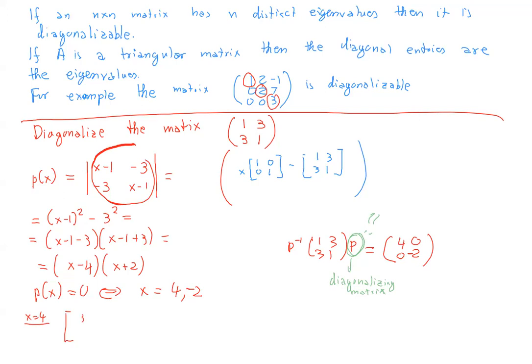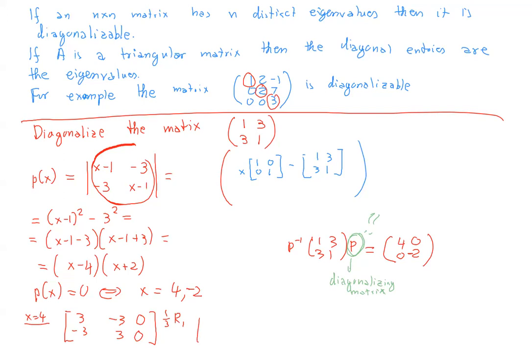You get 3, negative 3, negative 3, and 3. And you want to find the null space. How do we find the null space? Remember, that was the last question on the previous exam. You get the augmented matrix with a 0 column, and you need to apply the Gauss elimination method. So you're going to do 1/3 row 1.